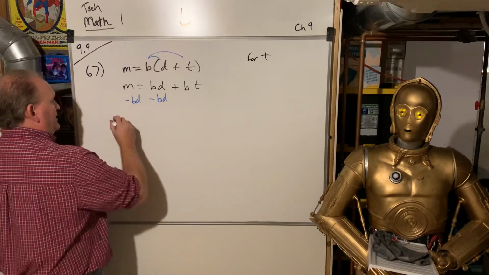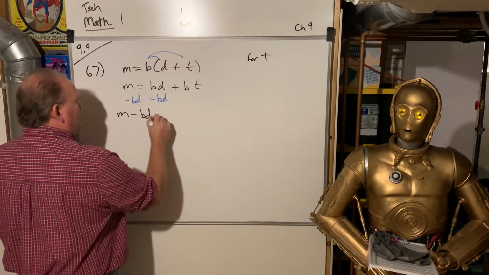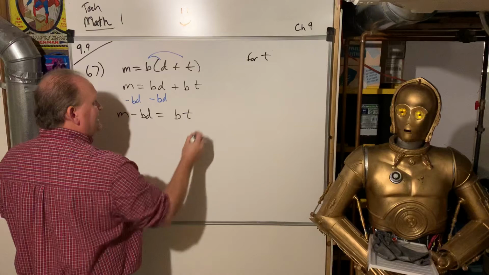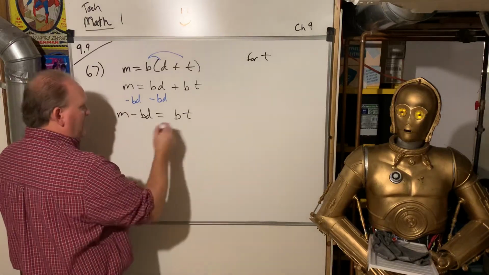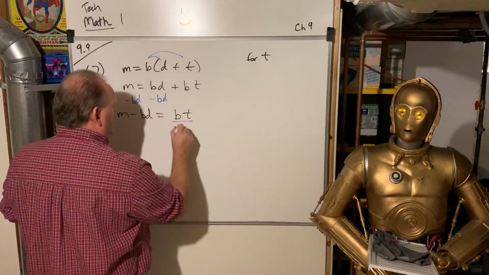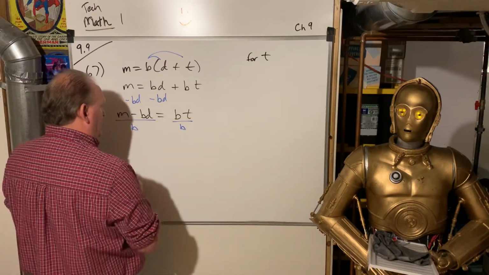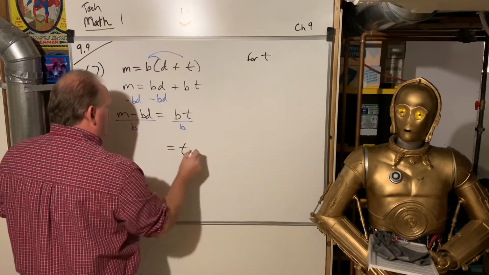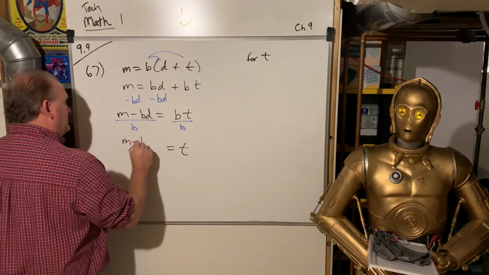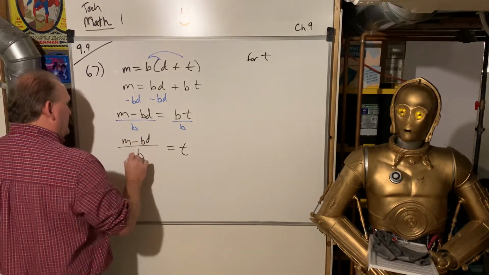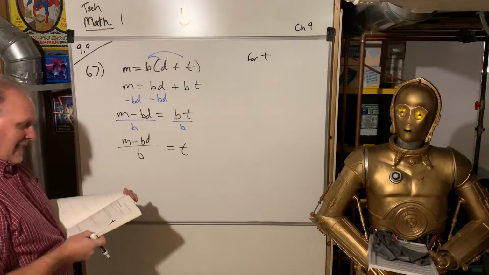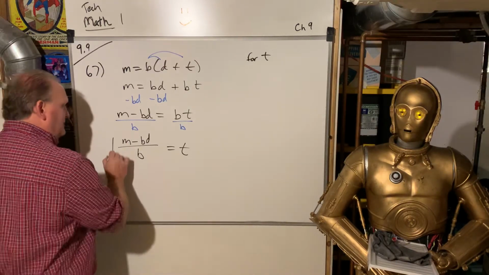M minus bd is equal to bt. And then divide everything by b. And there we are. T is equal to m minus bd over b. And that's fine. You can leave it like that.